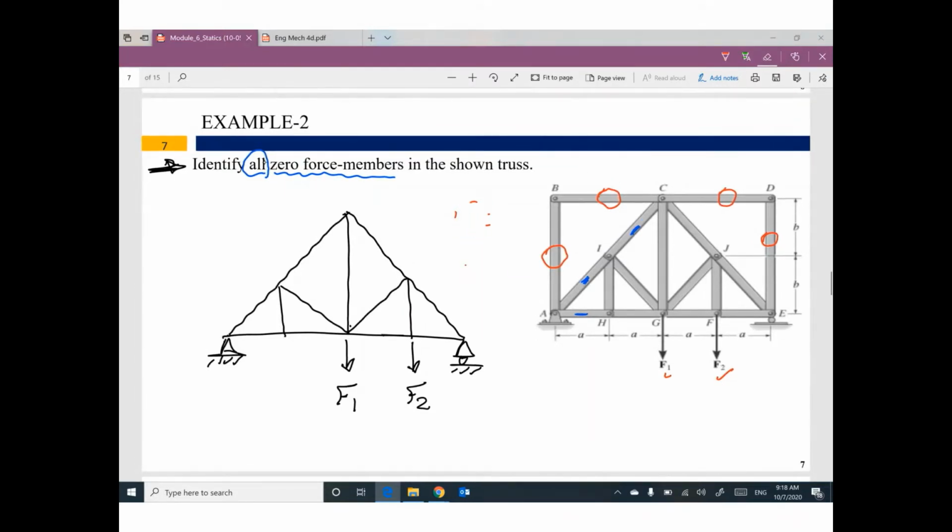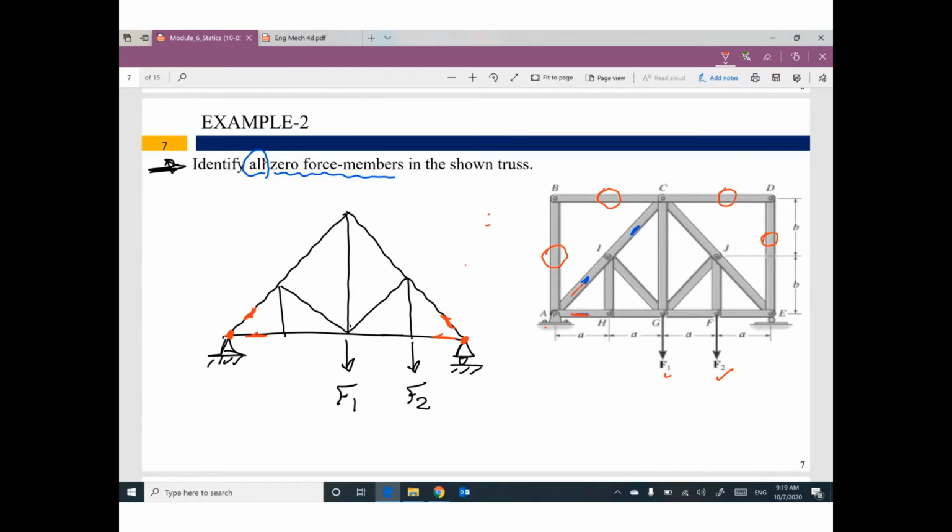Do you think we still have a joint with 2 members only? I believe yes. This joint has 2 members, this one and this one. And this joint has 2 members, this one and this one. So joint A and joint E. One of you will say, hey, wait, joint A has 3. 1, 2, 3.